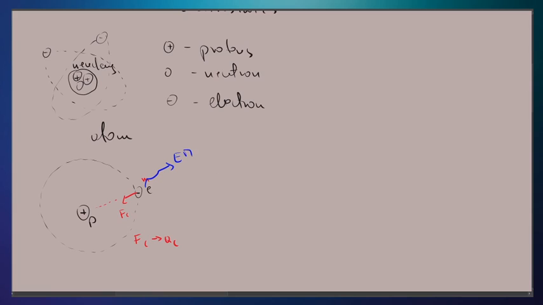Now if a particle moving along an orbit here emits energy, then it's losing energy. But if it's losing energy, then it's losing its speed. Now if it's losing its speed, then its orbit changes, and so the orbit would look like this.